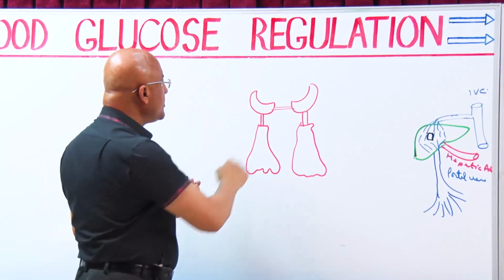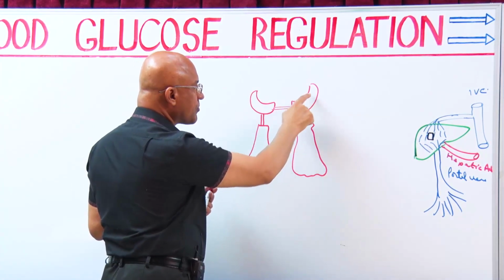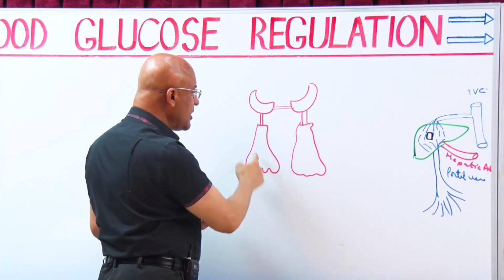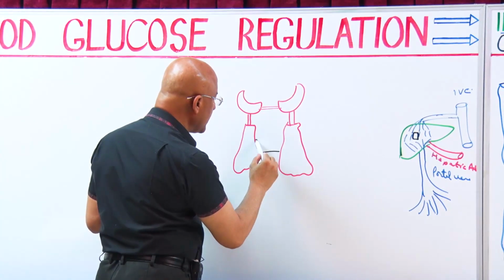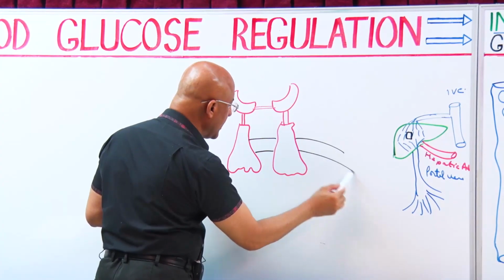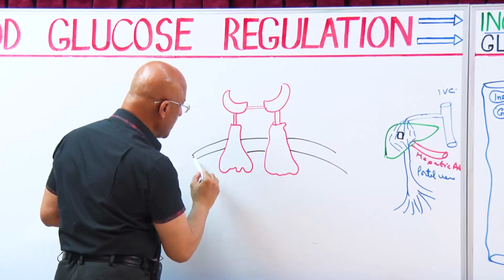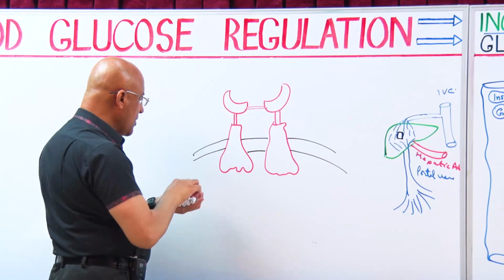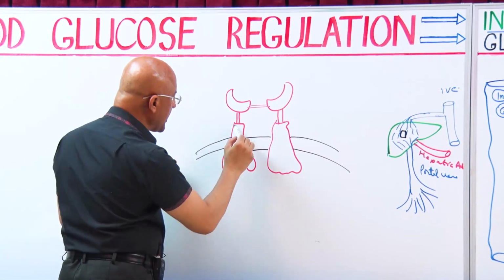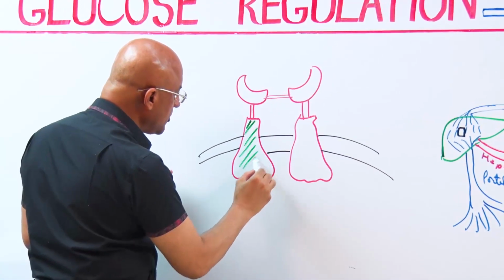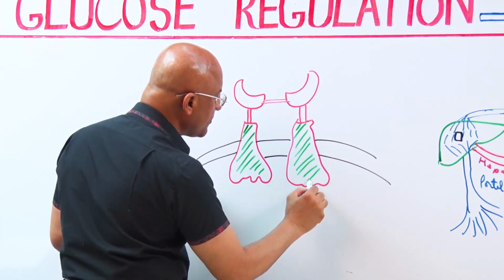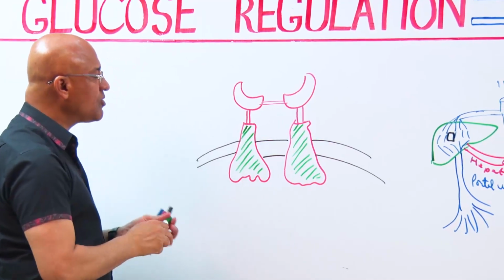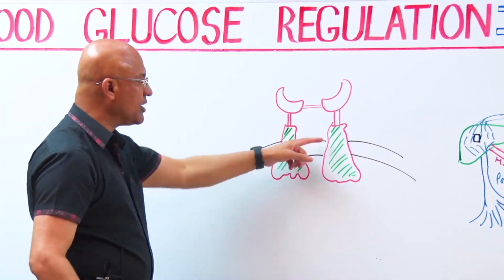Now, this part of the insulin receptor is extracellular, and this part is passing through the cell membrane. This part which passes through the cell membrane is the beta part, also called the transmembrane component of the insulin receptor.